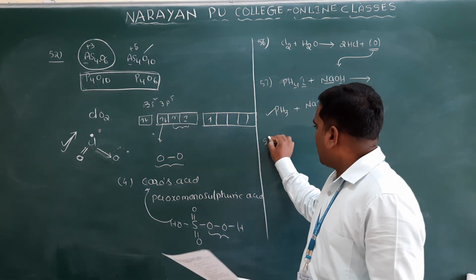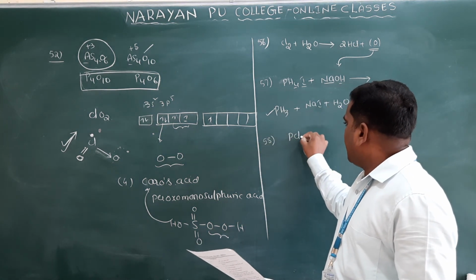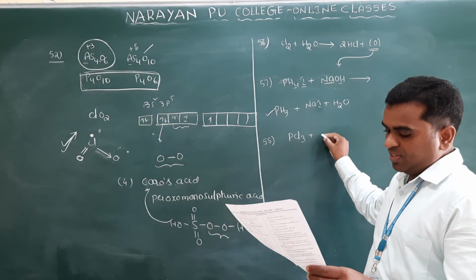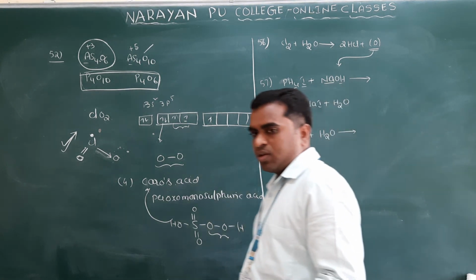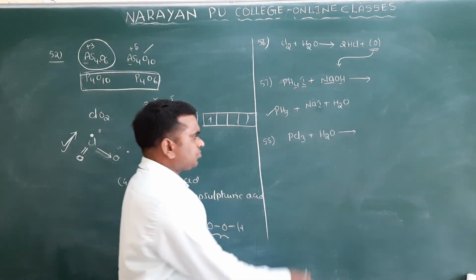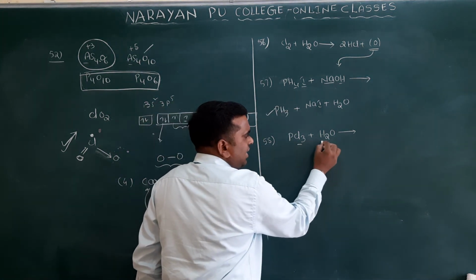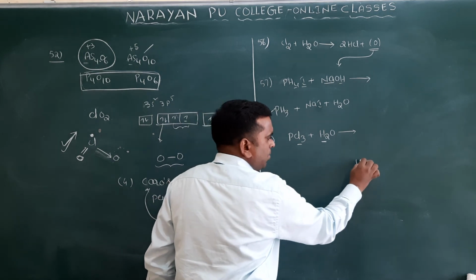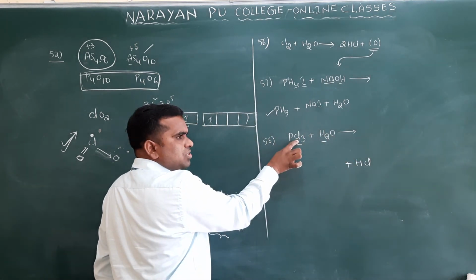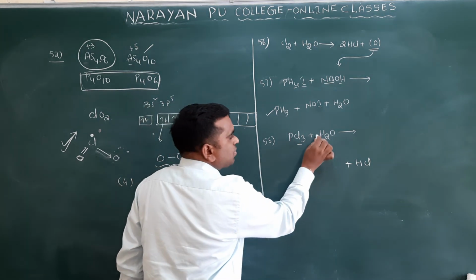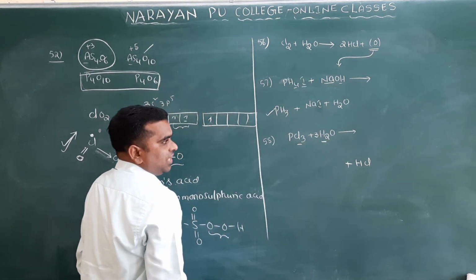Clear? Next one. 58. Whenever PCl3 is reacted with water, what is the compound formed? You already know that here Cl and here H will be removed as HCl, plus OH will be added in place of chlorine. So put here 3.